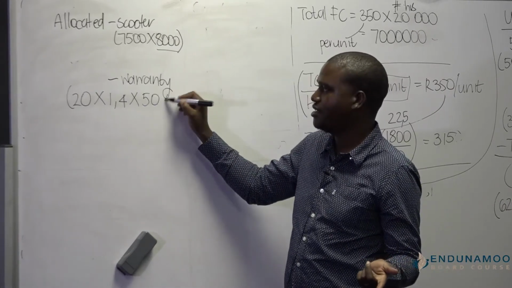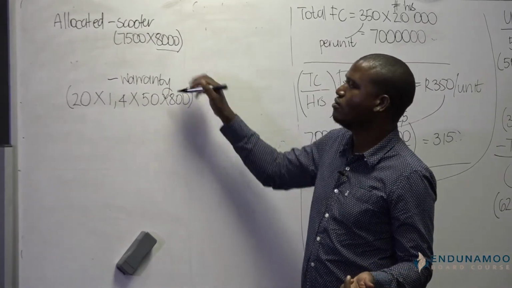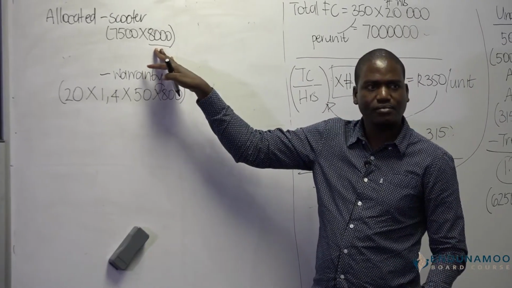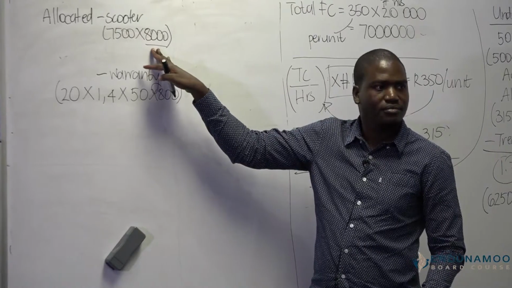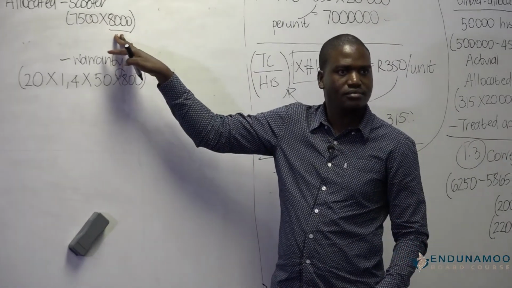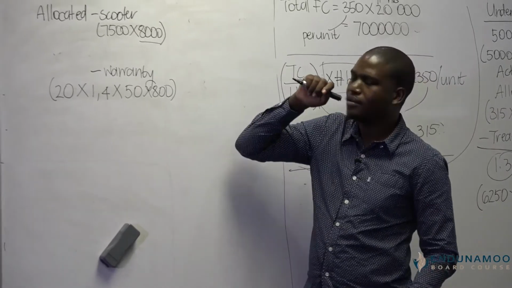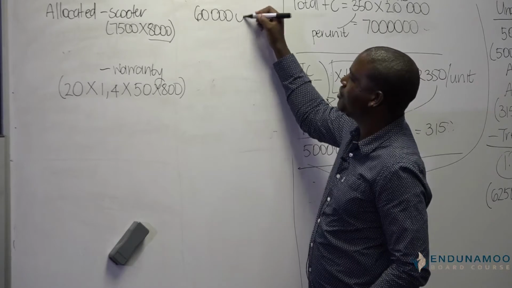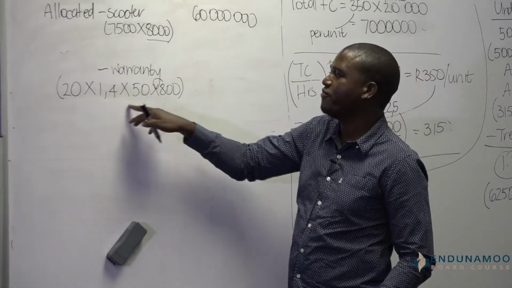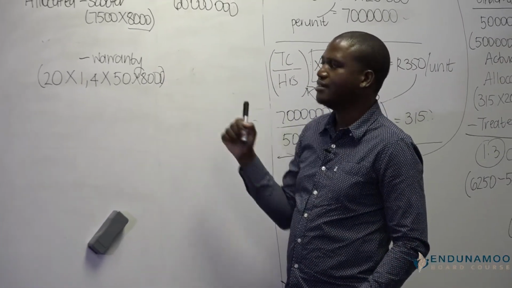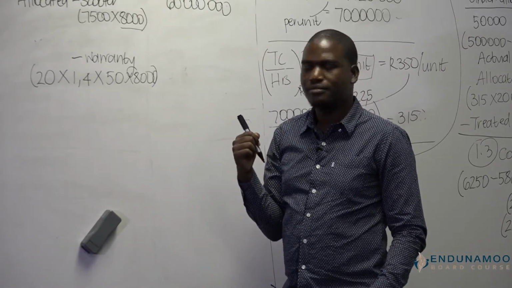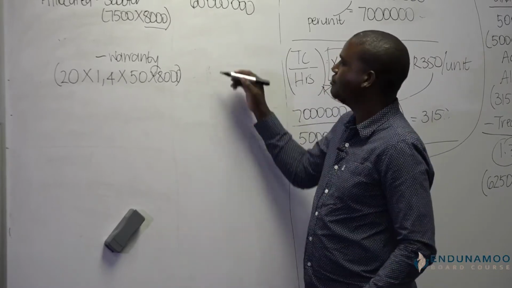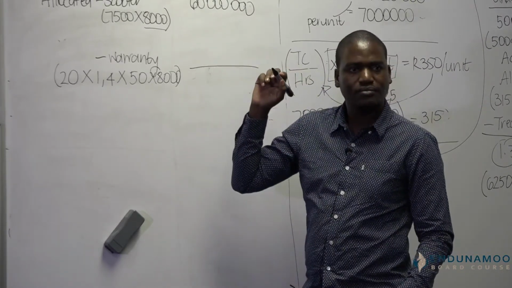So it's 50 altogether. So the standalone selling price is 7.5 times 8,000, which is 60 million. Then 20 times 1.4 times 50 times 8,000.